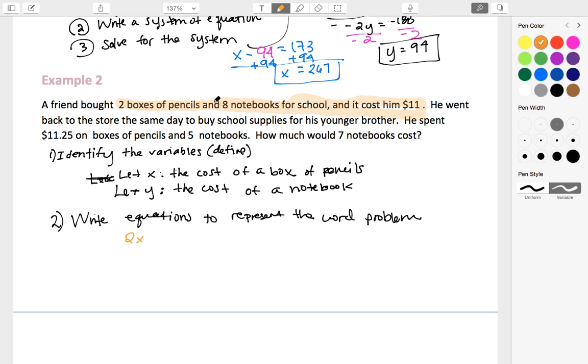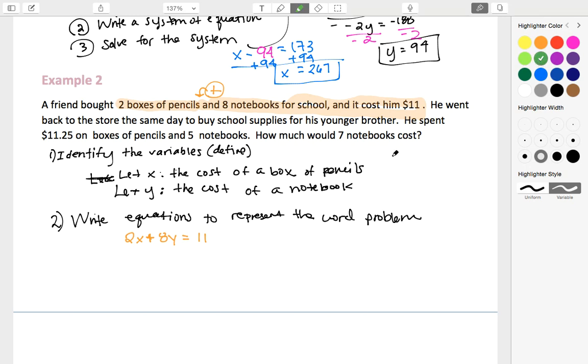And the word "and" means plus, definitely plus right here. And so we can add 8 notebooks, and notebooks is represented by Y. So 2X plus 8Y, and it cost him a total of $11, equals 11.